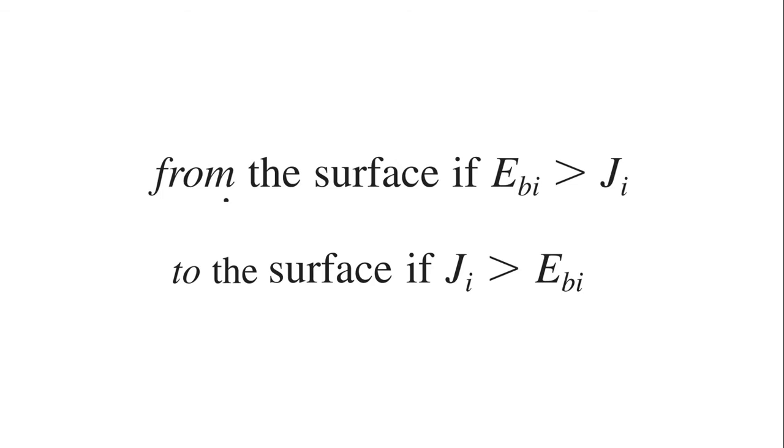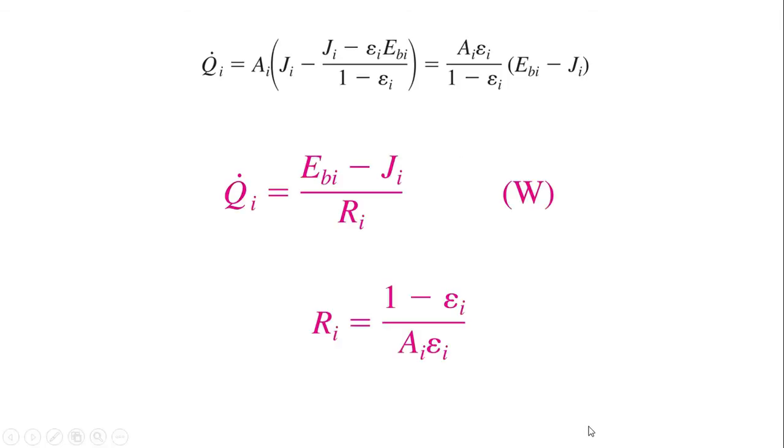The surface resistance to radiation of a black body is 0, since the emissivity would be equal to 1 in the case of a black body, and the emissive power of a black body and the radiosity would be equal.